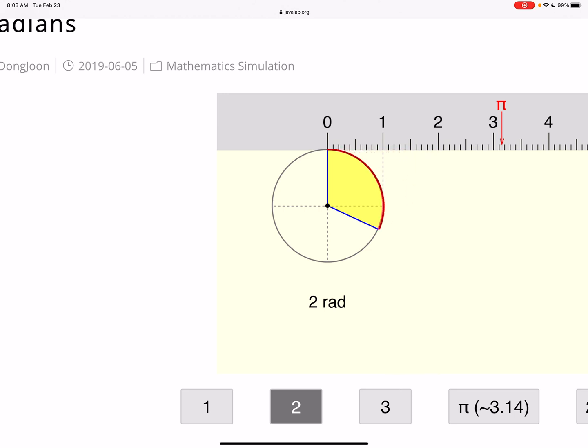That's equivalent to the length of 2 blue radii. Okay, so what's my point, right? Well, notice how when I go to 3 radians, it's almost completing half of a circle. Okay, it's a little bit shy of a half of a circle, a semicircle there, okay?